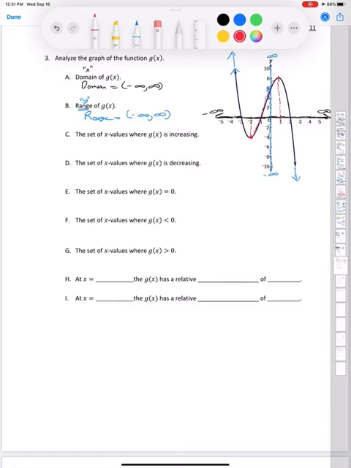Negative 2 and 1 on the x-axis. So all x values greater than negative 2. So I'm going to put it in interval notation. So let's write that down here. Our increasing interval. This graph has 1, and that's all x values greater than negative 2 and less than 1. So yeah, between negative 2, right, and 1 on the x-axis, the graph is rising. It's going up from left to right.